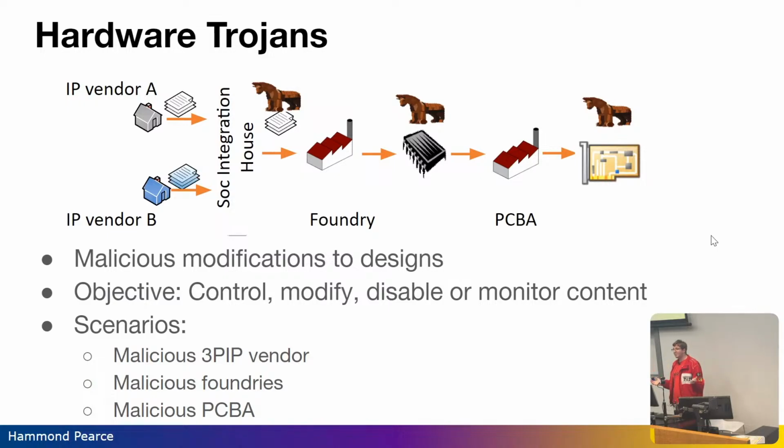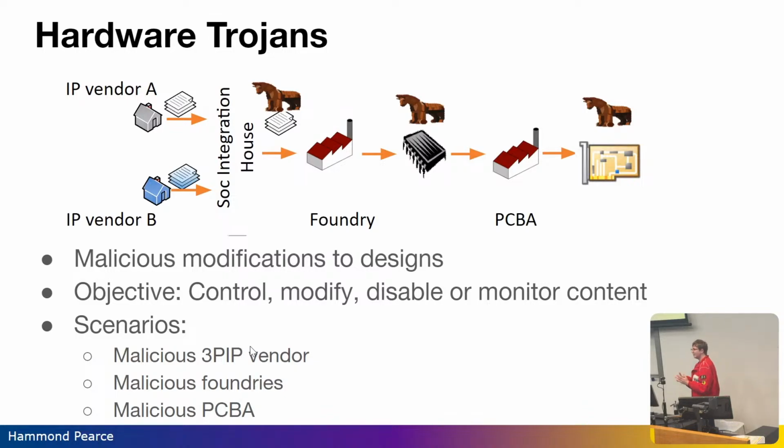This could happen at a number of different places. I've got 3 scenarios here. So you could have a malicious third-party IP. So let's assume that, for instance, ARM really wanted to mess with your day. And you go, hey, ARM, I want an ARM core in my chip. And they go, here you go, here's an ARM core. Except that the ARM core they give you has a Trojan in it so that they can monitor you. Or you might get a malicious foundry that after you give your designs to, it just compromises them and adds its own random stuff into them.